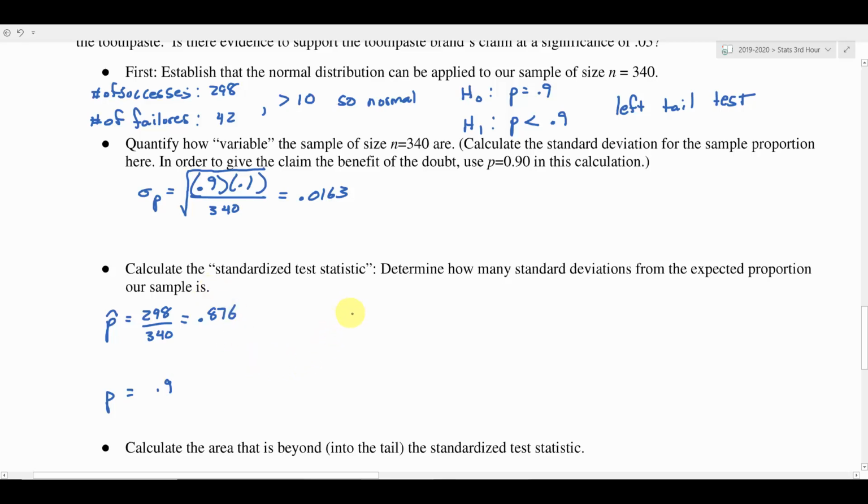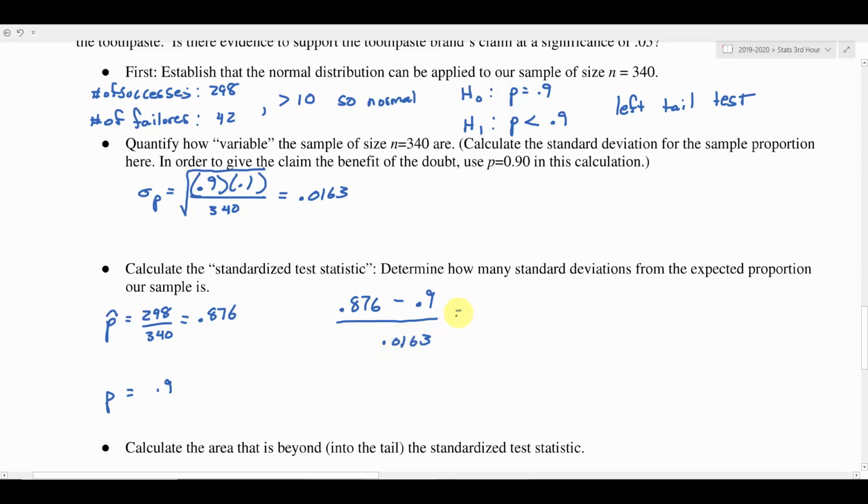So I'm going to take that 0.876 and subtract it from 0.9 to get a distance away from what we expect. And then I'm going to divide by the standard deviation, 0.0163.